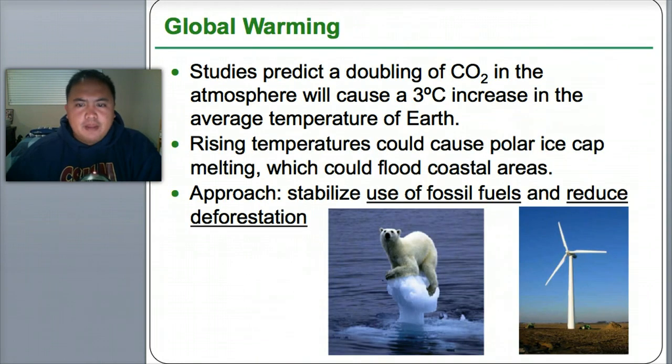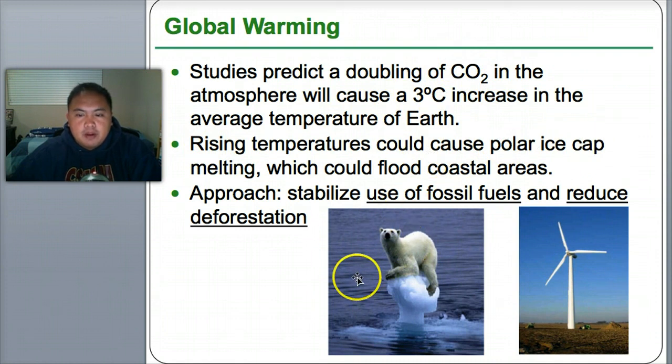The last thing about global warming is that they predict that the Earth will rise 3 degrees Celsius. Remember, this is Celsius, so it's a very extreme spike in temperature, all because of the doubling of the carbon dioxide. These rising temperatures can cause polar ice cap melting. So here's this poor polar bear with their ice cap melting. When polar ice caps melt, coastal areas are more likely to flood.